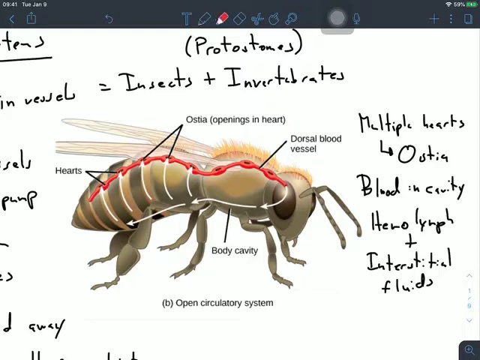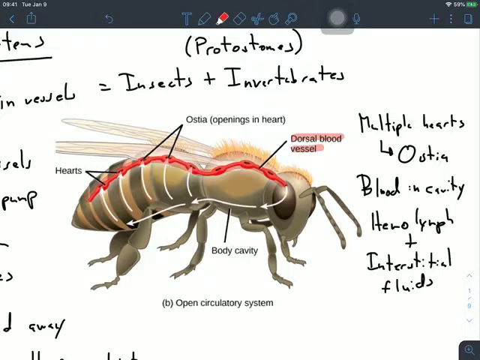Their circulatory system is defined by having some sort of dorsal blood vessel that goes along the back or the top side of the insect. The hearts are diffused along that dorsal blood vessel, and the ostia are facing in such a way that they can catch or funnel the blood from the entire body cavity and propel it along to different regions.